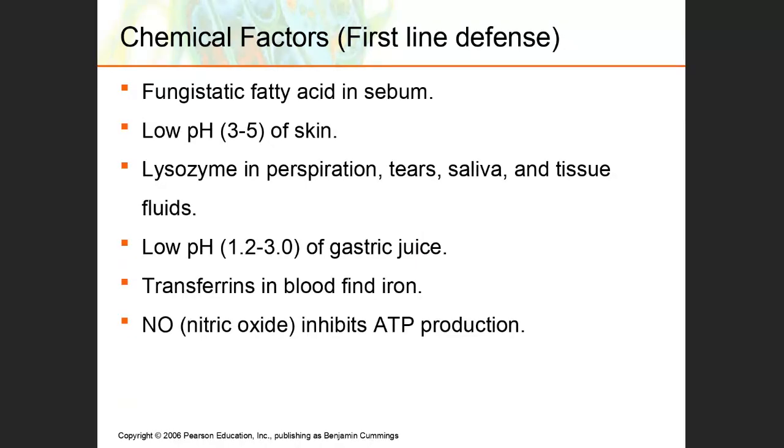We have chemical factors, which again are part of our first-line defense mechanisms. Your skin secretes oils, and there's a fatty acid in sebum which is fungistatic. What does fungistatic mean?